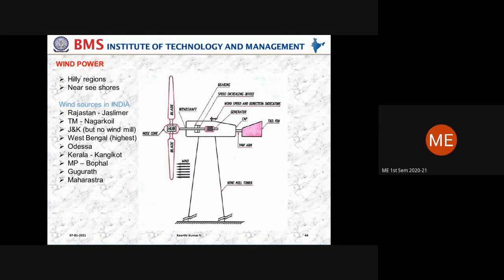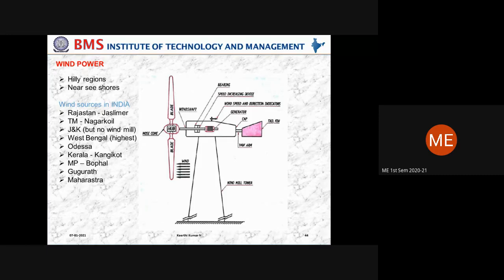Yes, sir. Okay. It will usually be seen in hilly regions and near the seashores because of the high velocity of the wind blowing. Most of the plants presently installed are near hilly regions and seashores.